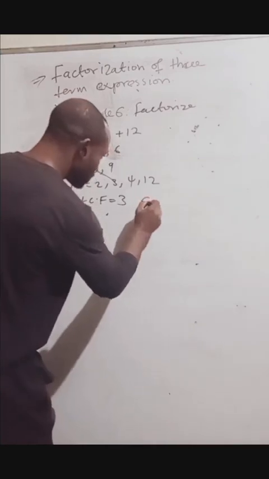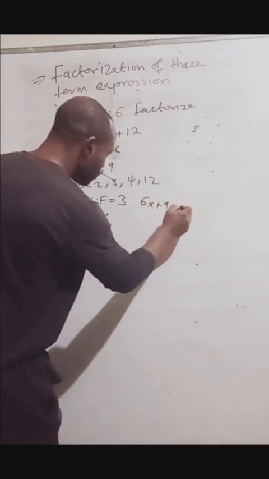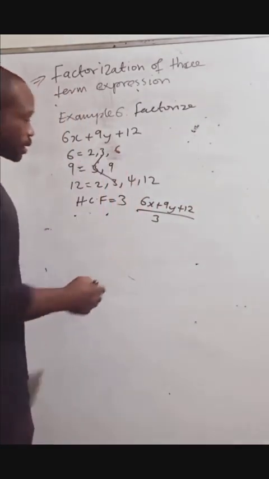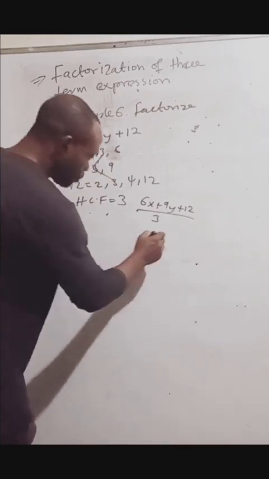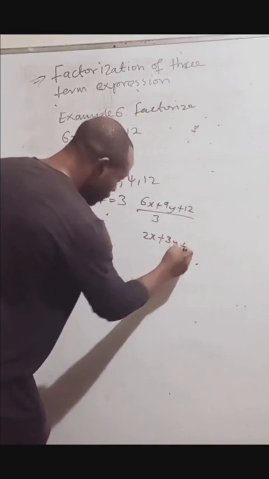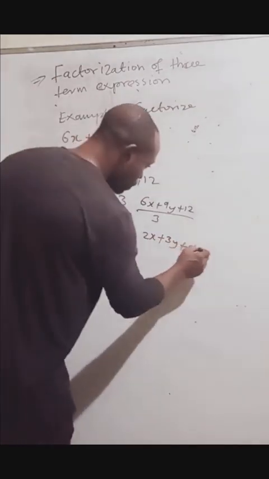So 6x plus 9y plus 12 all over 3. So 3 into 6x is 2x. 3 into 9y is 3y. And 3 into 12 is 4.